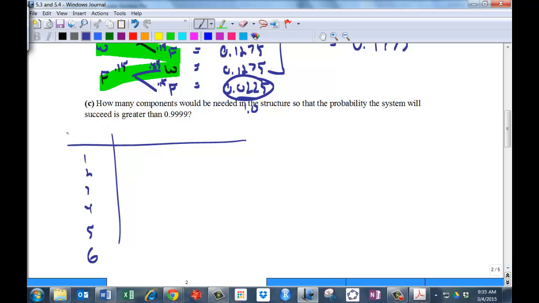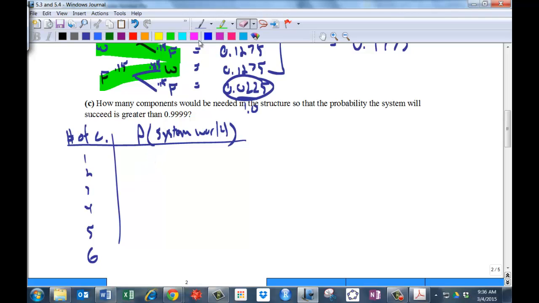So number of components, and probability the system works. Okay. Well, if we have one component, the probability it works is 1 minus the probability that it fails.